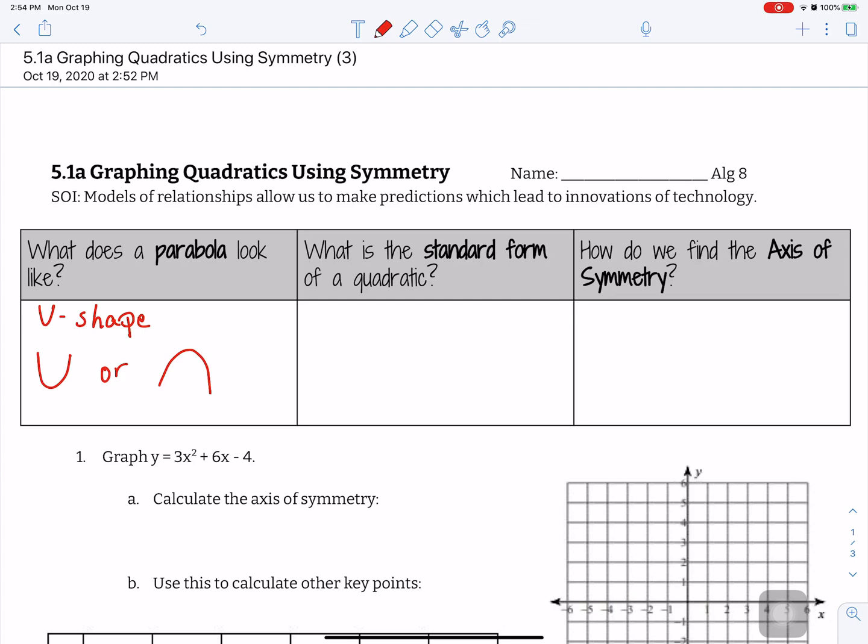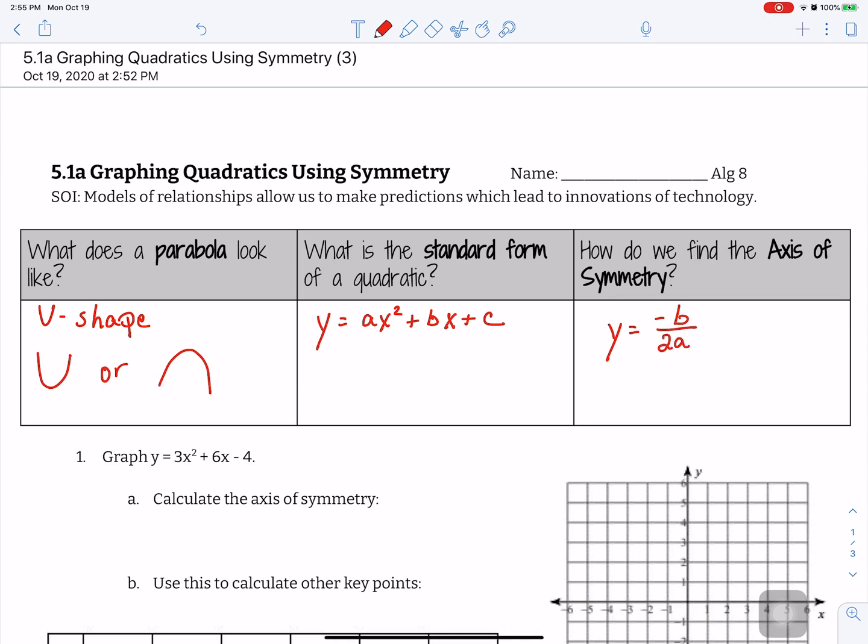The standard form of a quadratic equation is going to be y equals ax squared plus bx plus c, going from our highest power down to our lowest power in order. And then looking at our axis of symmetry, so if we go back to that standard form, we're going to be looking at those numbers. Our axis of symmetry is going to be x equals opposite of b over 2a.